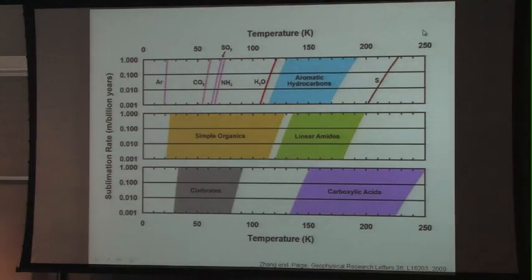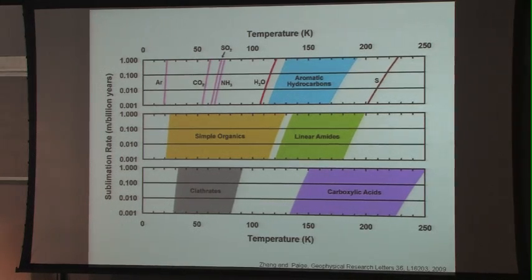If we take a particular cold trap temperature, let's say 100 Kelvin, these plots show the sublimation rate in meters per billion years for a wide range of volatiles. A cold trap at 100 Kelvin can keep water stable over billions of years at the surface, which was the original Watson, Murray, and Brown suggestion.